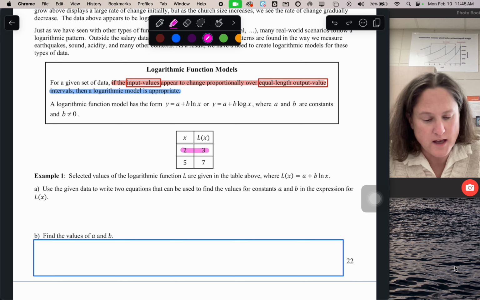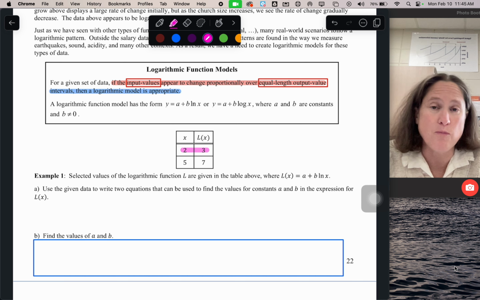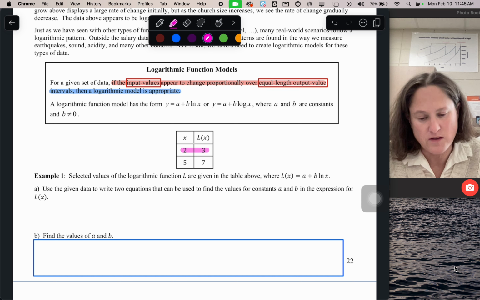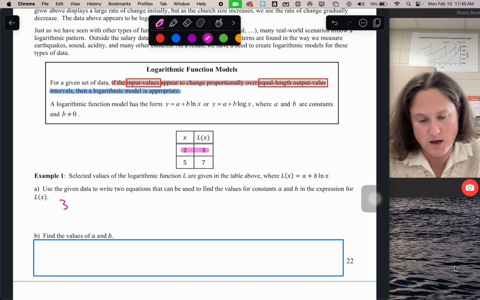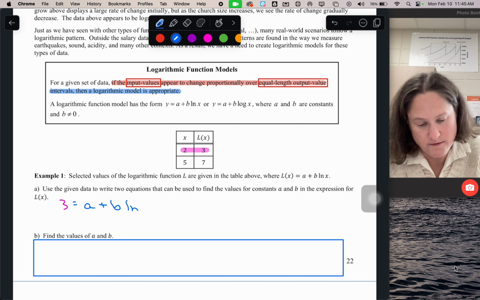The first one is when the input is 2, the output is 3. I am going to plug those values into my equation. So when the output, L of x, is 3, that's equal to a plus b times the natural log of 2.